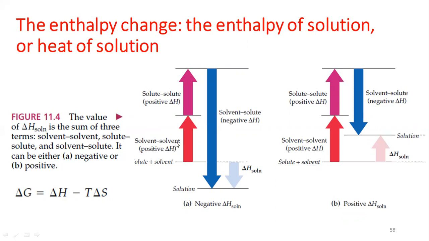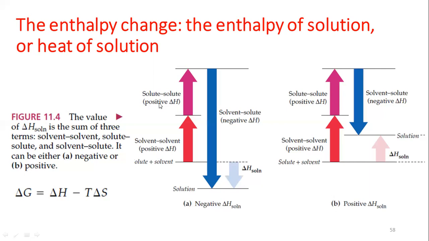because the energy is required to break the intermolecular interaction between the solvent-solvent molecules, so energy is required. That means the change in enthalpy must be positive, and there should also be a requirement for energy to break the intermolecular interaction between the solute and the solute, and energy is required.